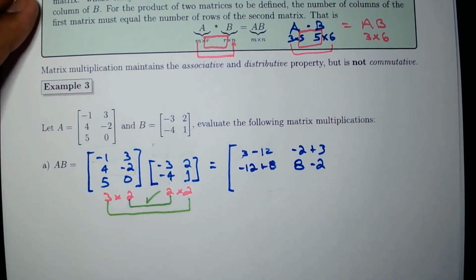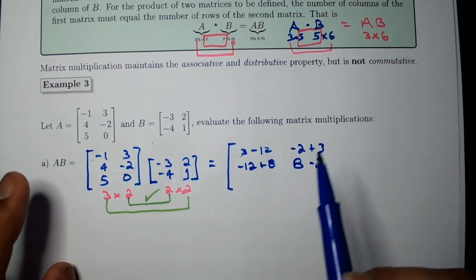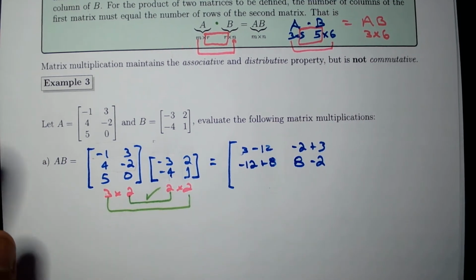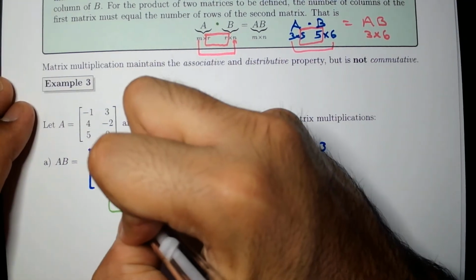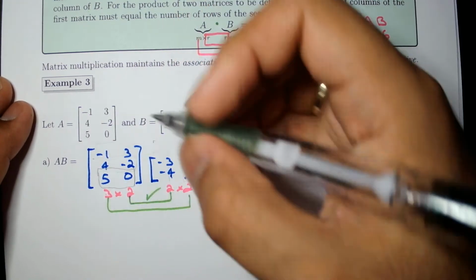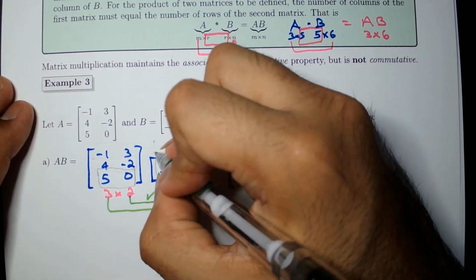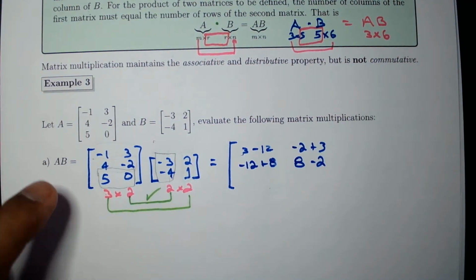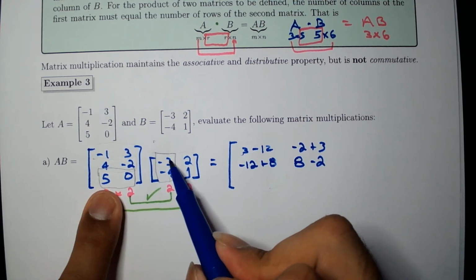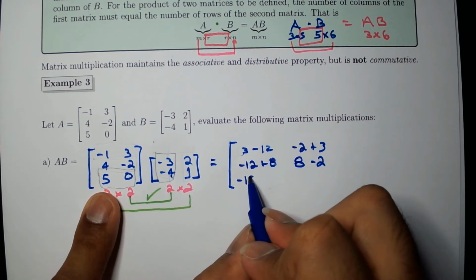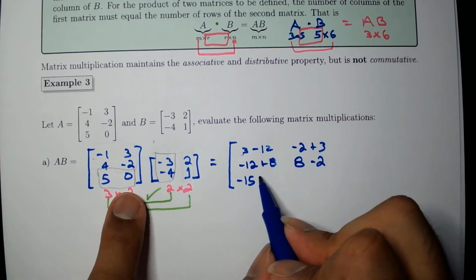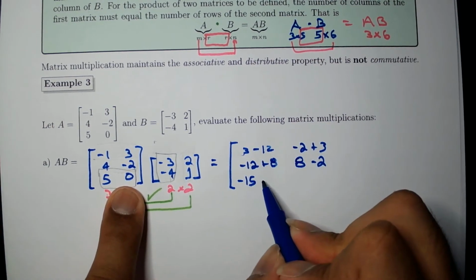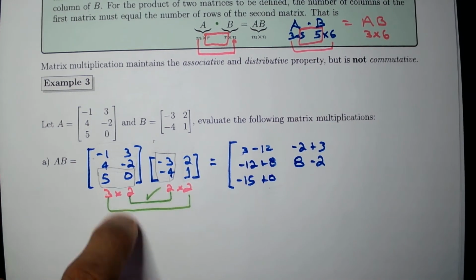So, we are going to multiply the third row by the first column of the second matrix. So I'm going to do 5 times negative 3, which is negative 15, and then plus 0 times negative 4, which is 0.